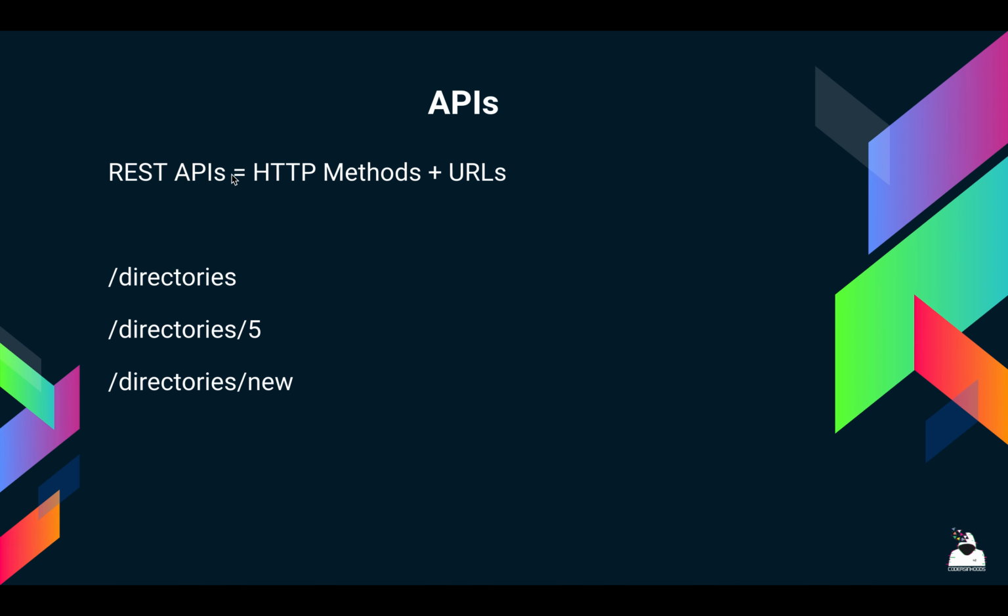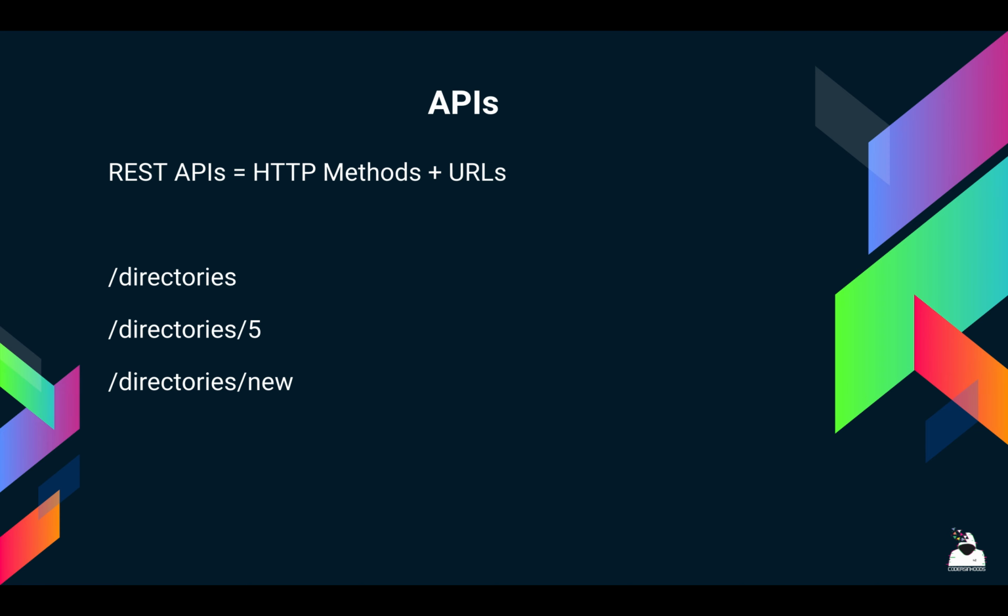So REST APIs, or the REST rules, are pretty much a combination of the different HTTP methods and some URLs. Now, this is not actually all of them, because we'll have editing and stuff, but these are pretty much the URLs that we want to use. The idea of combining URLs with HTTP methods is to keep things simple.